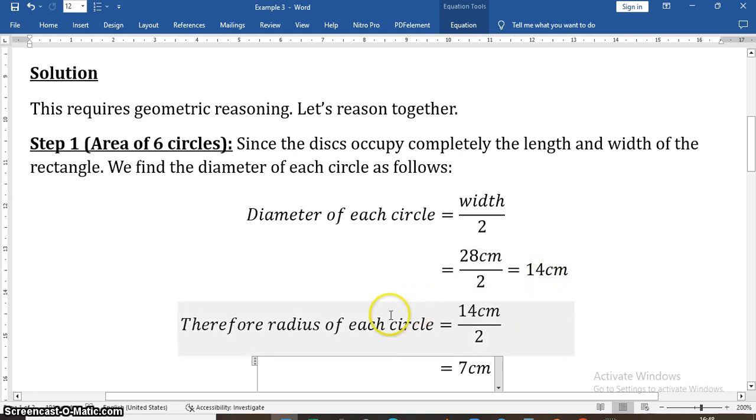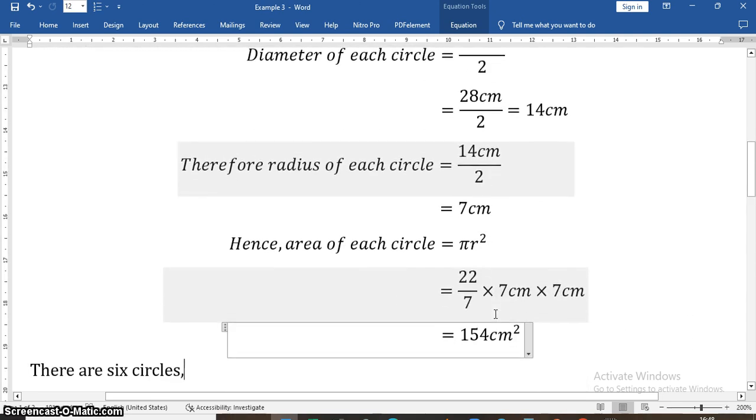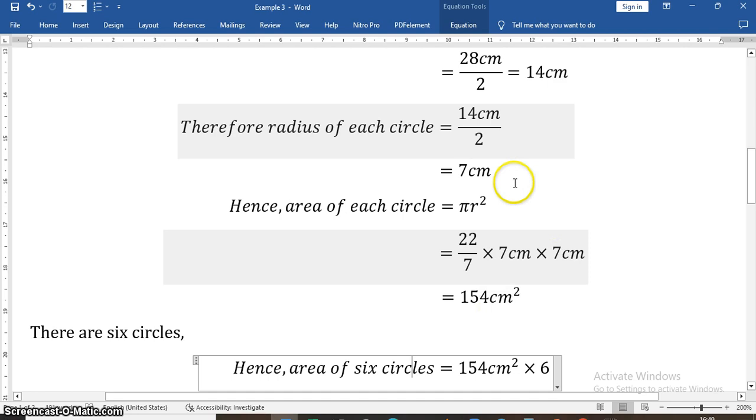What next? It means from the diameter, we can find the radius of the circle. Remember, the diameter is 2 times the radius, or you can say the radius is half of the diameter. So, radius of each circle is 14 centimeter divided by 2. That gives you 7 centimeter. With this, it's easy to find the area of the circle.